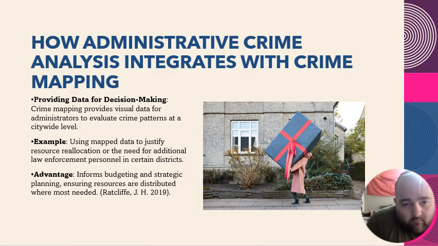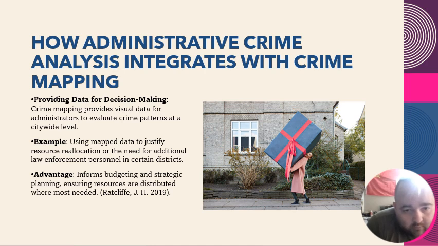Moving forward, how administrative crime analysis would work with crime mapping. Providing data for decision making, crime mapping provides visual data for administrators to evaluate crime patterns on a citywide level. Very important for the mayor here today and the chief of police, of course.